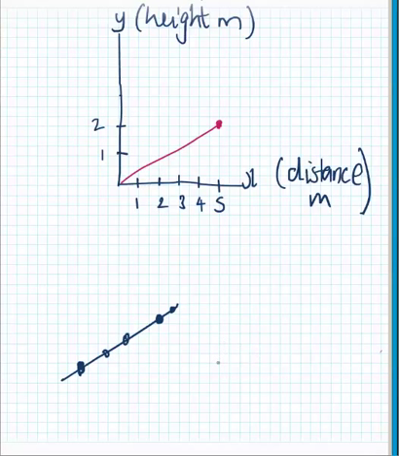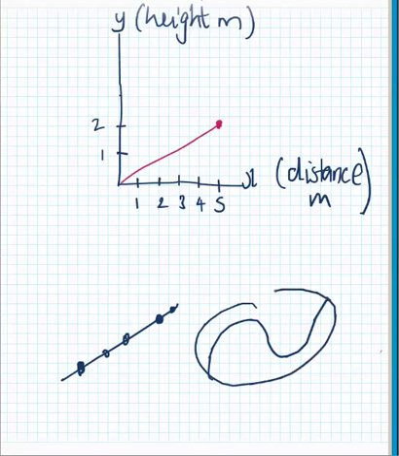If we had something like a squiggly hill, this is where the gradient is changing. We're going up the hill here, then down the hill. Here isn't very steep, but then it suddenly gets steeper. So you can see, if I compare a straight line to a curve, that's where you can see the gradient is changing. Whereas here, the gradient is constant. It never actually changes. So just keep that in mind.